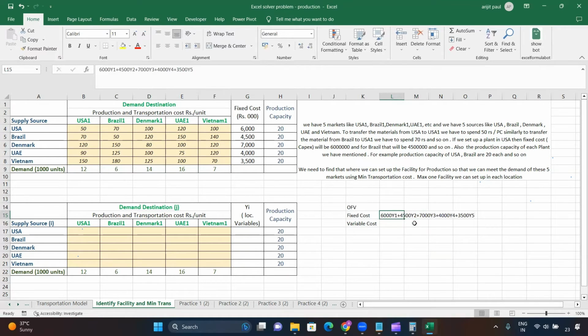So this becomes our mathematical formula for fixed cost.